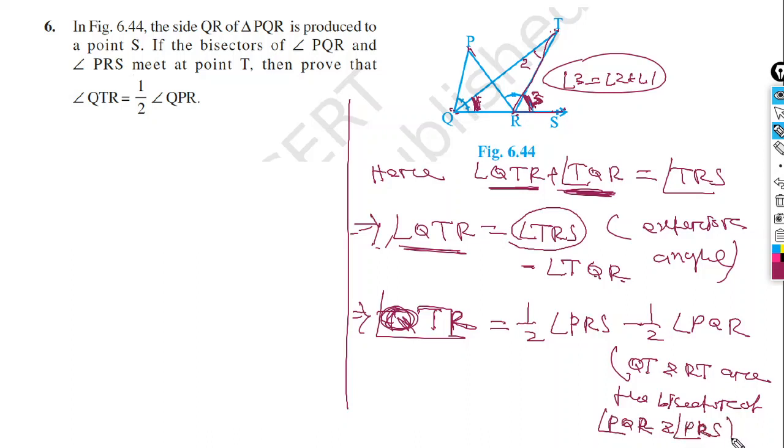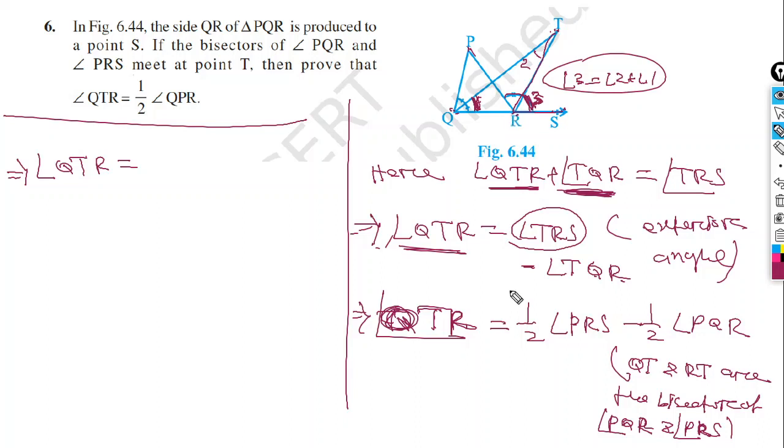So this is our reason. Now we'll write here, implies angle QTR equals, locate it, half of angle PRS, this angle, minus 1 by 2 angle PQR.